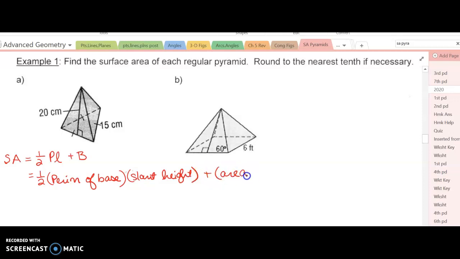P stands for perimeter, L for slant height, and B for area of the base.